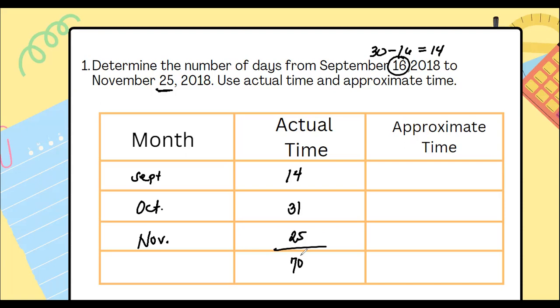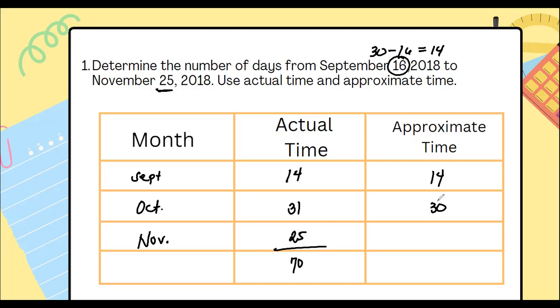Next, approximate time. We know that in approximate time, all months in a year have 30 days. September starts at 16, so we subtract 16 from 30, which is equal to 14. So 14 days are left in the month of September. In October, again, in approximate time all months have 30 days, so instead of 31, we use 30 days.